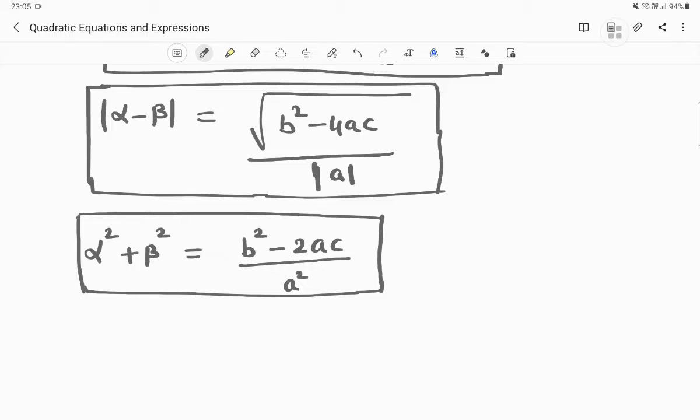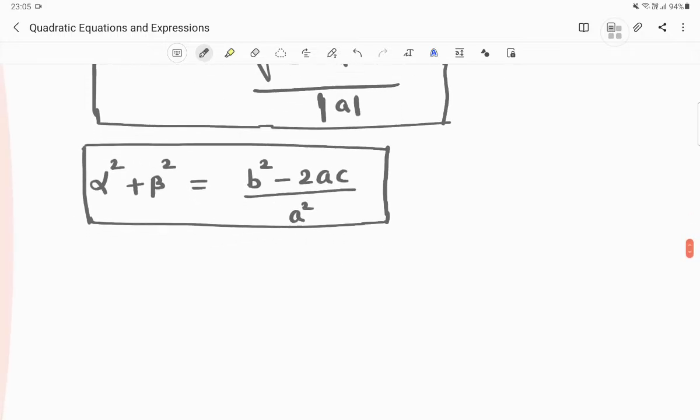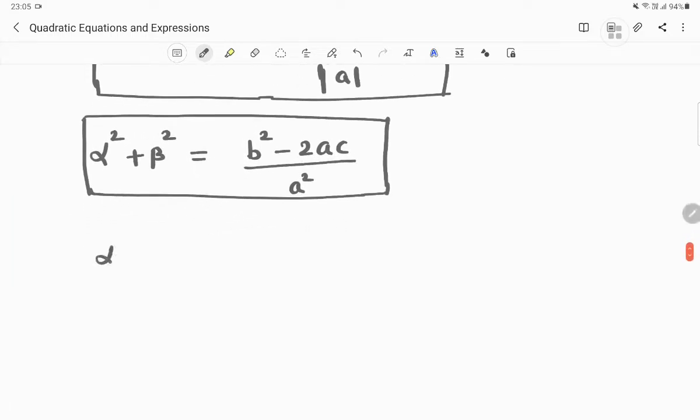And one more important thing, alpha cube plus beta cube. Generally, a plus b whole cube means a cube plus b cube plus 3ab into a plus b. So from that, making a cube plus b cube the subject, like alpha cube plus beta cube, you will get alpha plus beta whole cube minus 3 alpha beta into alpha plus beta. So substitute the values of alpha plus beta and alpha beta and then simplify.